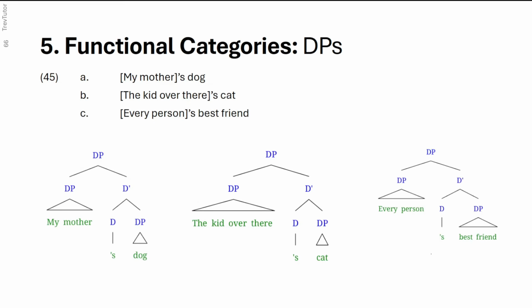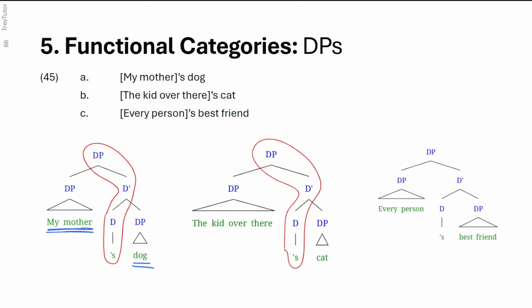So what is this going to look like? Well, in the case of the three example sentences, my mother's dog, the kid over there's cat, and every person's best friend, we see in each case the possessive s has its own little projection up the spine. And then my mother in this case will be a determiner phrase that is the possessor, and then dog would be the thing being possessed. Even with the kid over there's cat, we're going to see that same pattern.